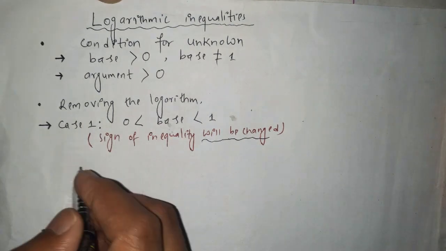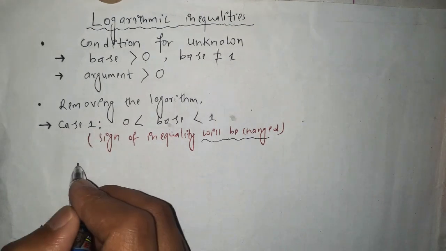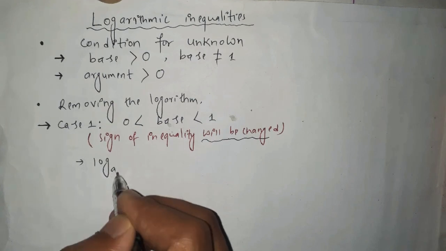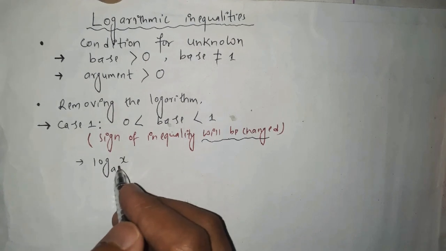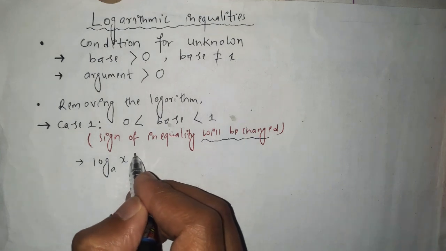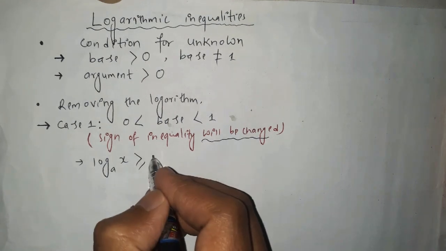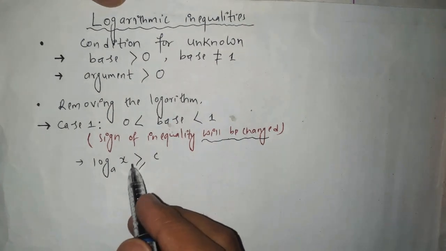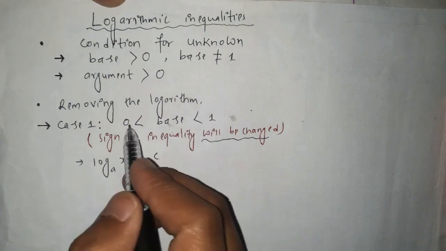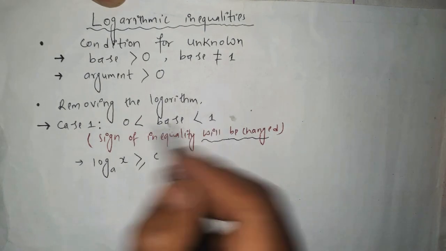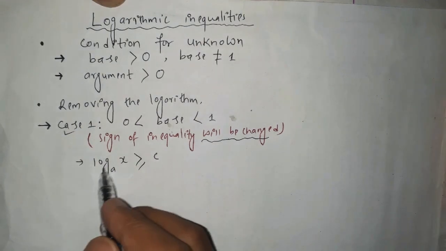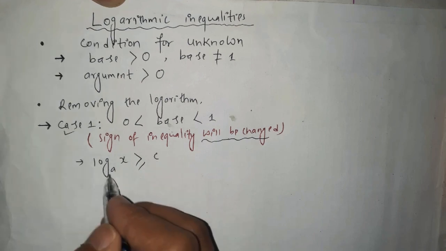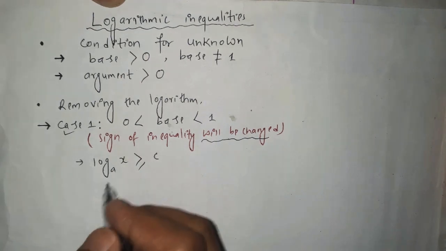The removing process for the logarithm in this first case is: if log with base a of the unknown, here I take the unknown as x, is greater than or equal to a number c. Here I take a logarithmic inequality when the base lies between 0 and 1. It is the first case. If the log of x with base a is greater than or equal to c, then we can remove the logarithm by this process.